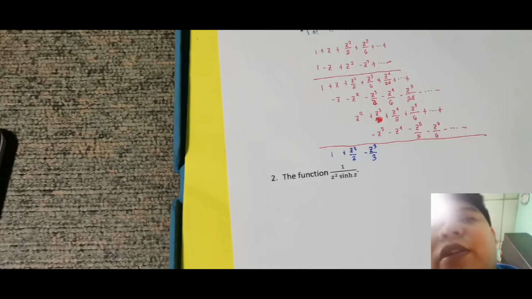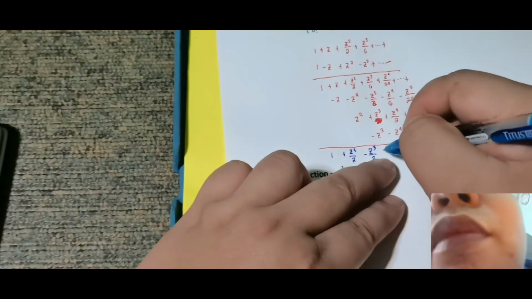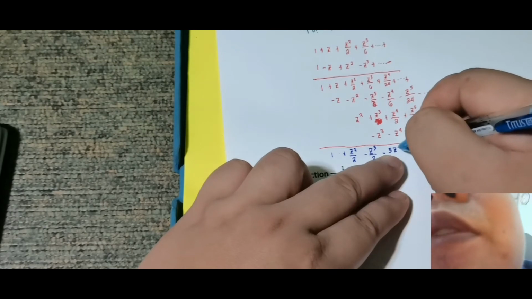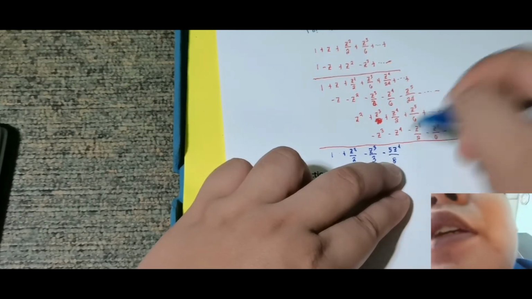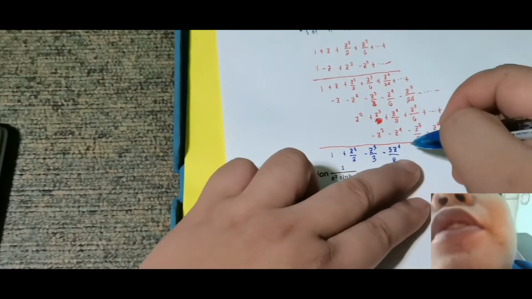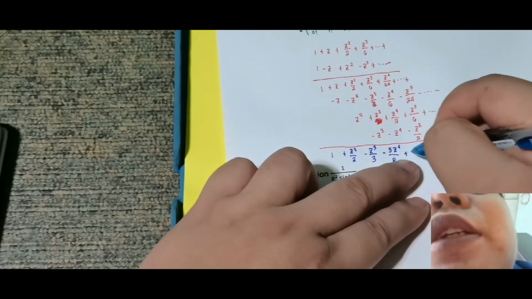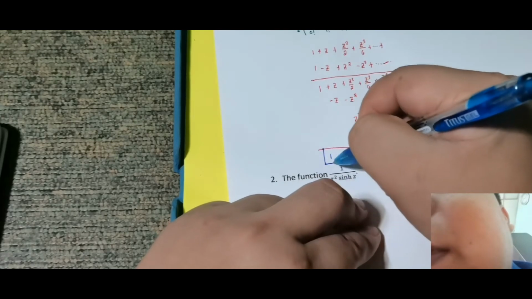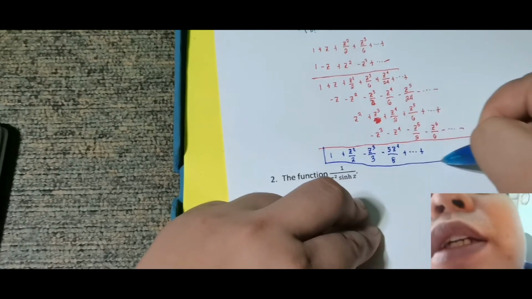That is negative 5 over 8. That is negative 5 z to the 4th over 8. Then hindi natin alam kung ano sunod dyan. So assume natin na plus na lang. Plus dot dot dot. Okay, then you can box this as your final answer.